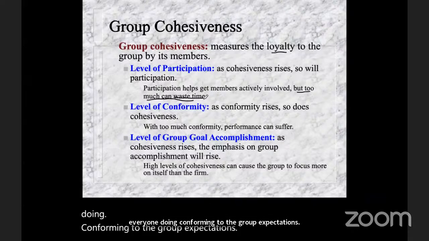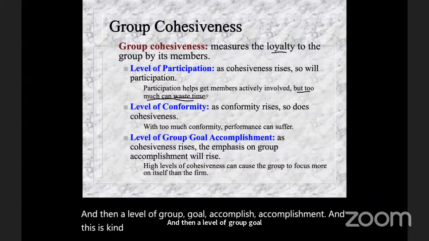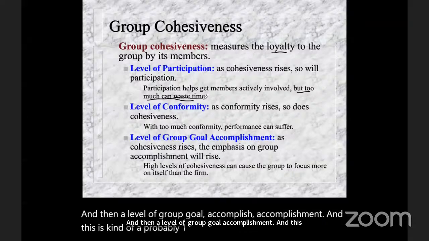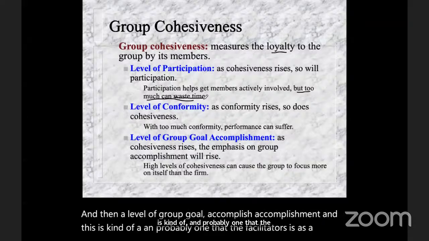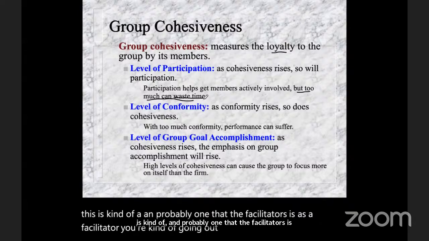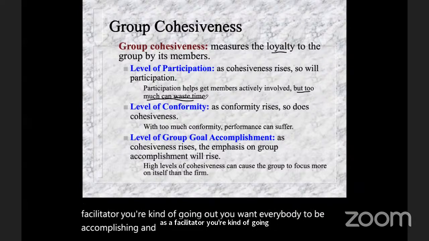And then a level of group goal accomplishment. This is probably one where, as a facilitator, you're going, no, duh. You want everybody to be accomplishing and working through the group.